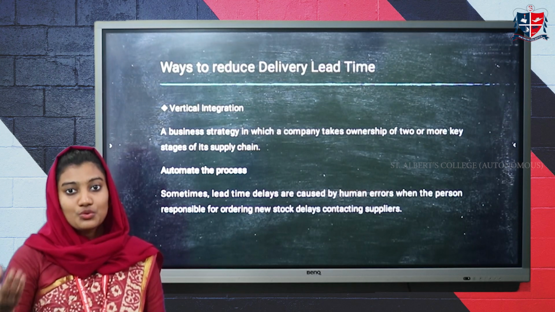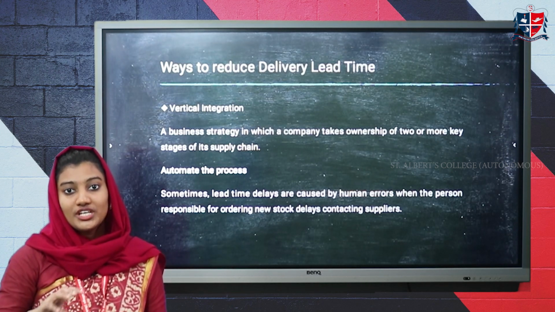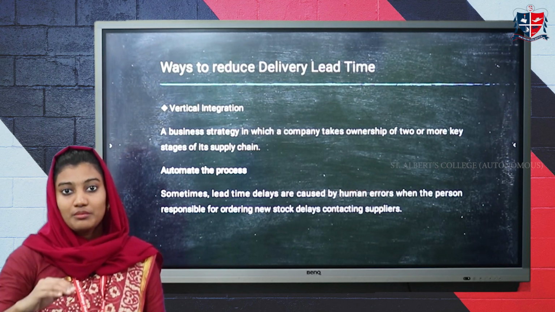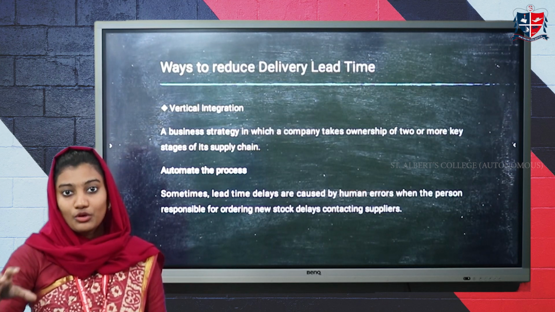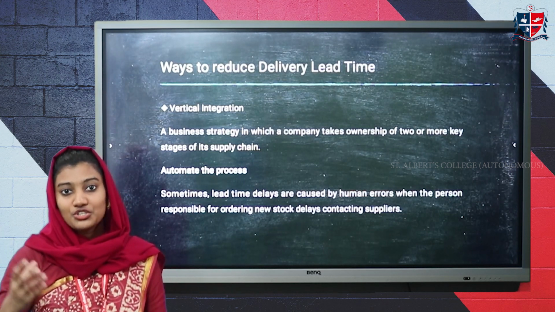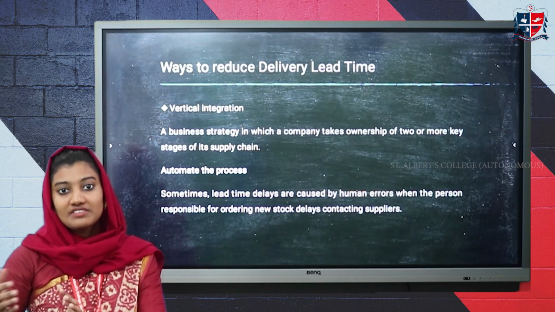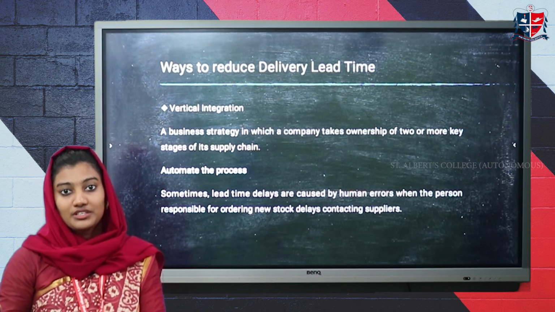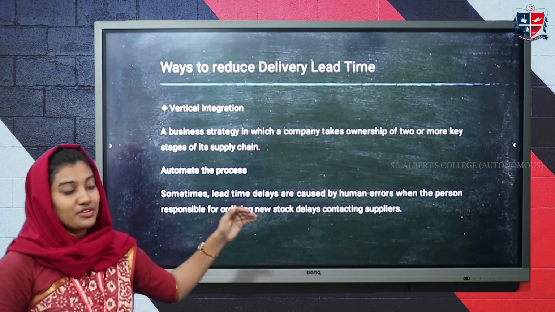So instead of outsourcing that particular activity, he can actually own that particular function. Maybe an ancillary unit will be involved in the packaging. So he can own that operation, and the packaging will be done at a much greater speed. So likewise, they will be able to reduce the time in the delivery process.